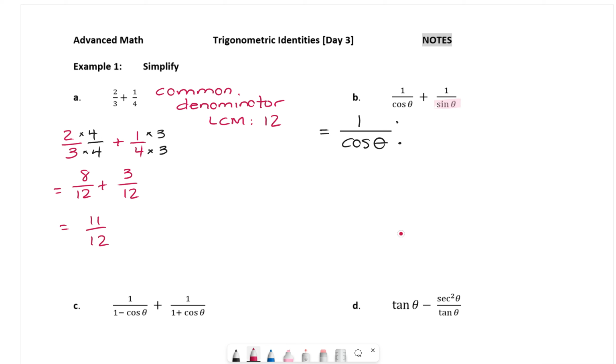So I'm going to multiply top and bottom by sine of theta, and again, when I'm doing this, I'm actually multiplying by 1, because sine theta over sine theta is a 1. And then I'm going to add 1 over sine theta.